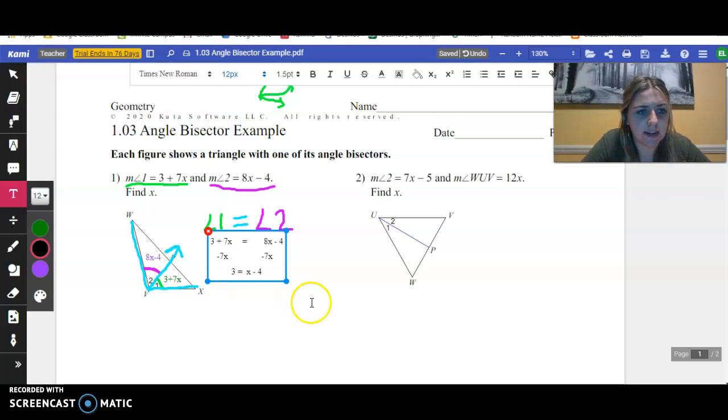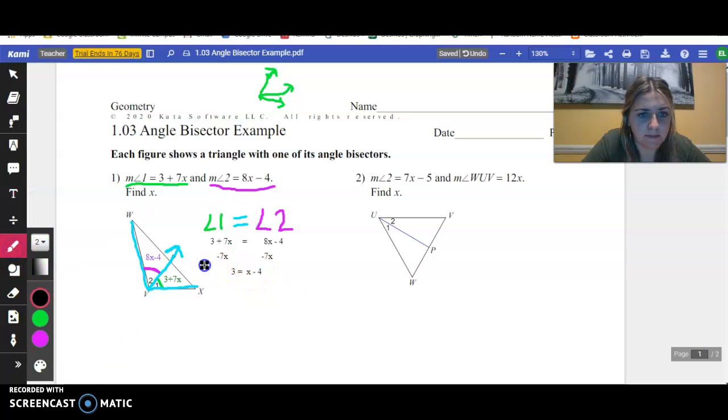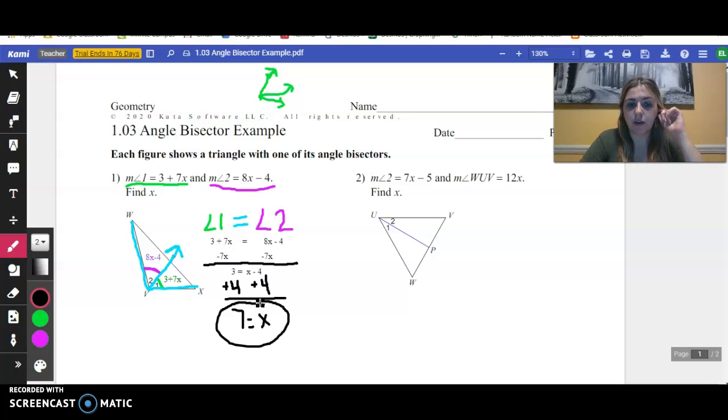So don't forget to bring down that minus 4, and don't forget that 8x minus 7x is 1x, or just x. So now I have this, which I'm going to solve by adding 4 to both sides. And that's going to give me 7 equals x. And then I am finished with that problem.